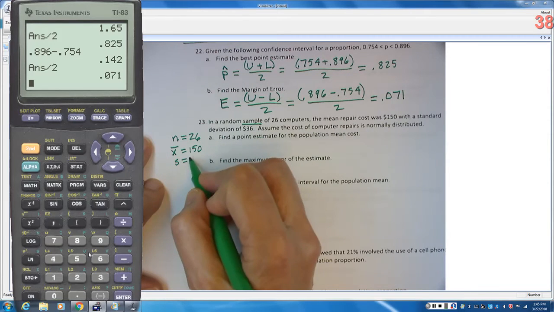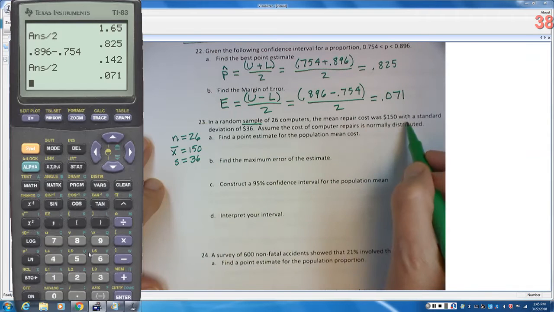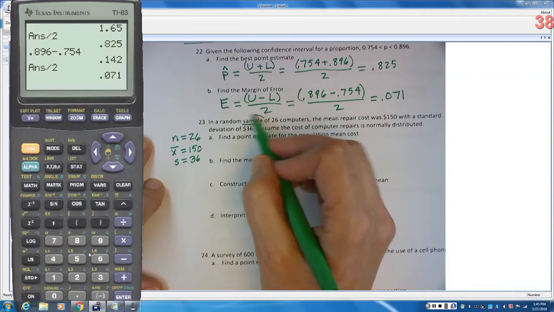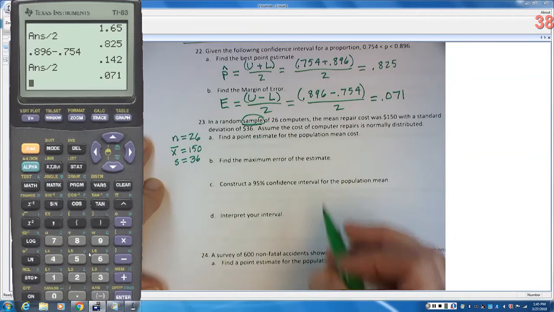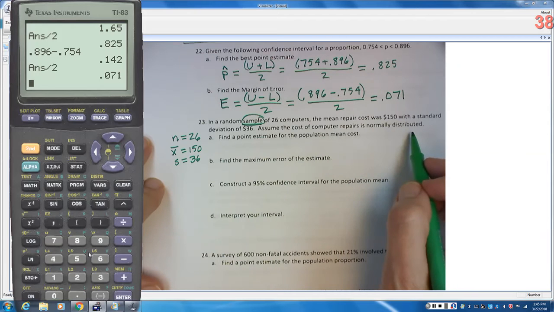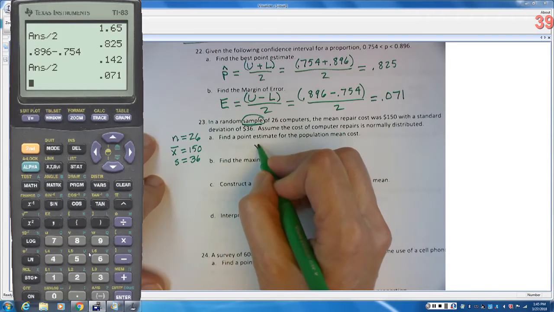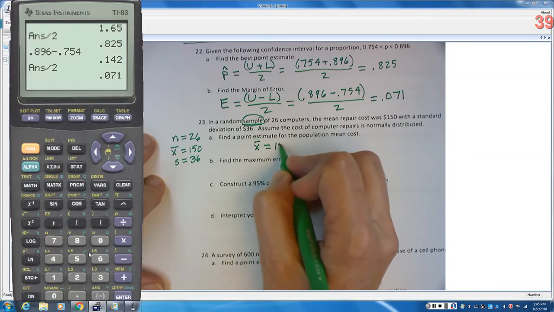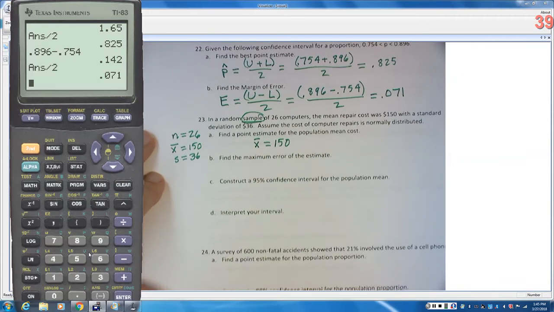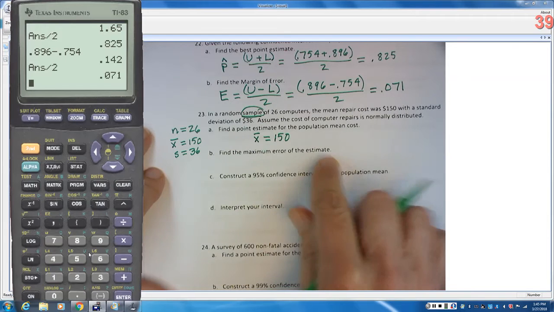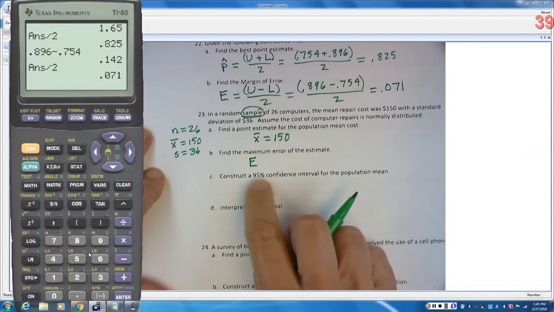That's S. It's talking about the sample here. Assume the cost of computers is normally distributed so we can work this problem. Find a point estimate for the population mean cost. X bar equals 150. Find the maximum error of the estimate. That's E, but you're going to find this first.